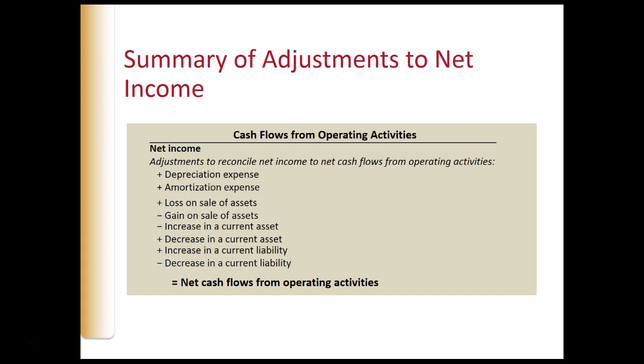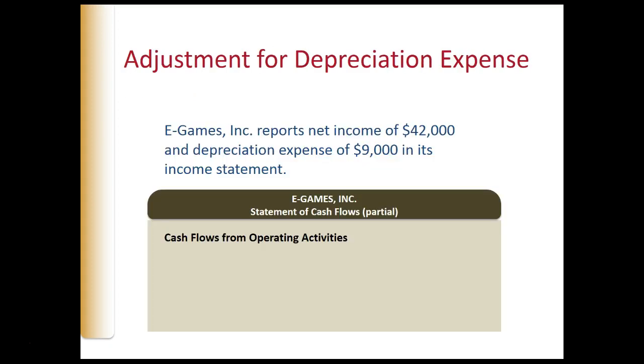So it's something really important to have beside you when you are working through these cash flow statements. If from one year to the next there's a decrease in a current asset, you're going to add that as an adjustment. If there's an increase in a current asset, you're going to subtract that adjustment. This is really helpful for you.